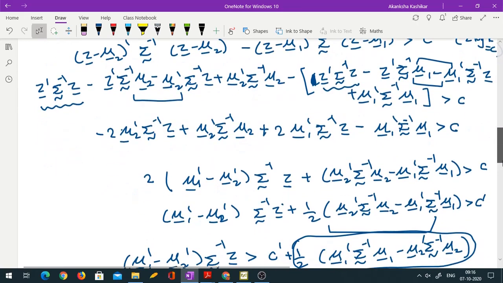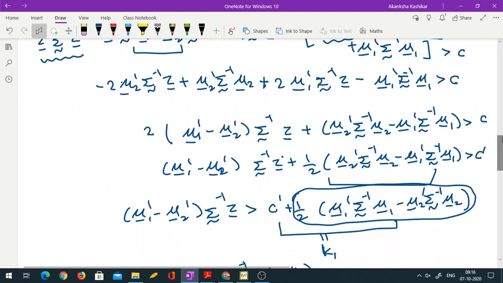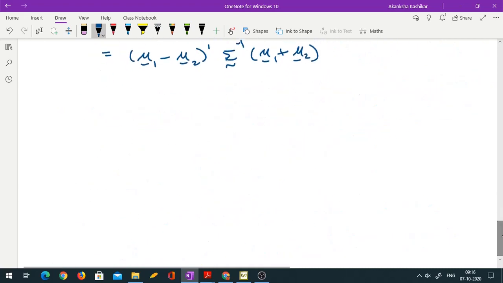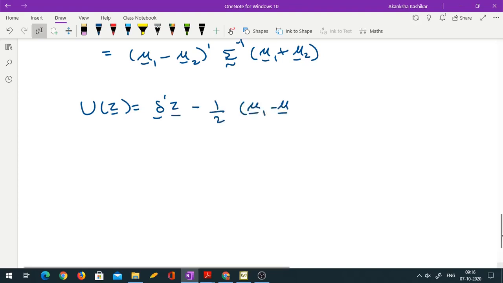So what I have is delta prime z minus half of the constant that we wrote just now. Let me define it as uz. So uz is delta prime z minus half mu1 minus mu2 prime sigma inverse mu1 plus mu2.